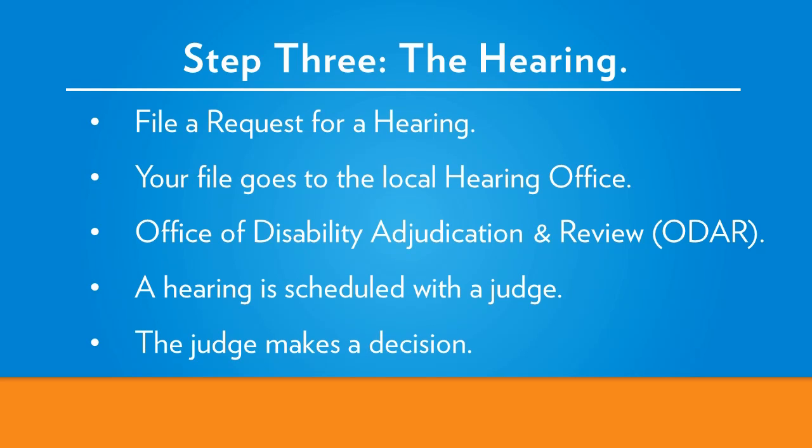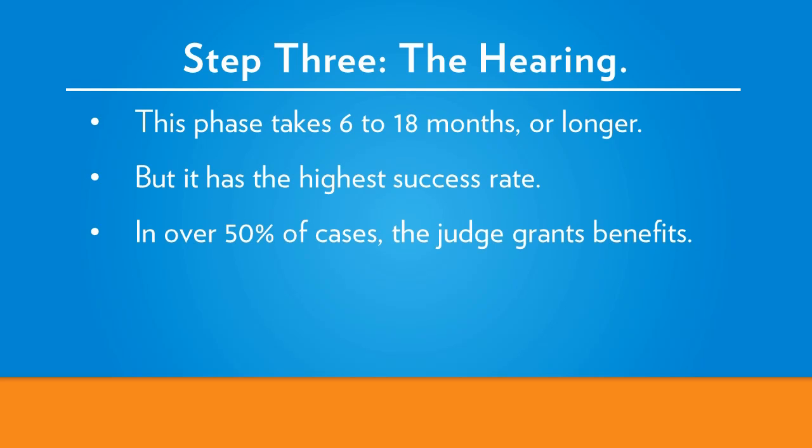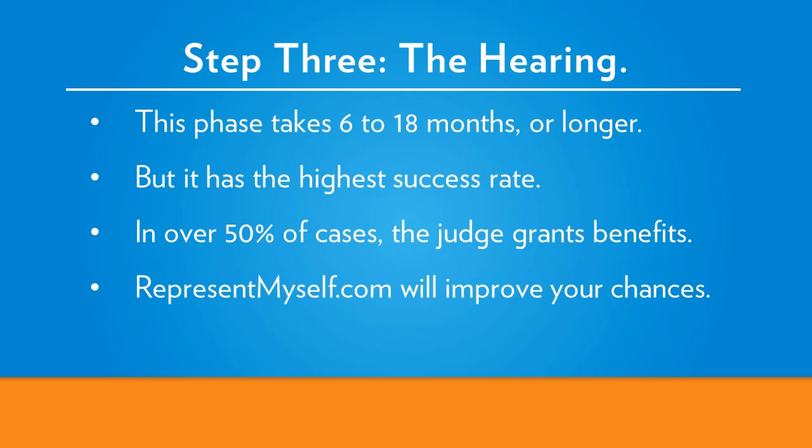The judge will make a decision based on medical records and testimonies from any expert witnesses. The decision is then sent to you, and your file is sent back to the local branch office. This process takes 6 to 18 months, longer in some states, but has the highest success rate. Over 50% of the cases that go before a judge end favorably, with the judge granting benefits.